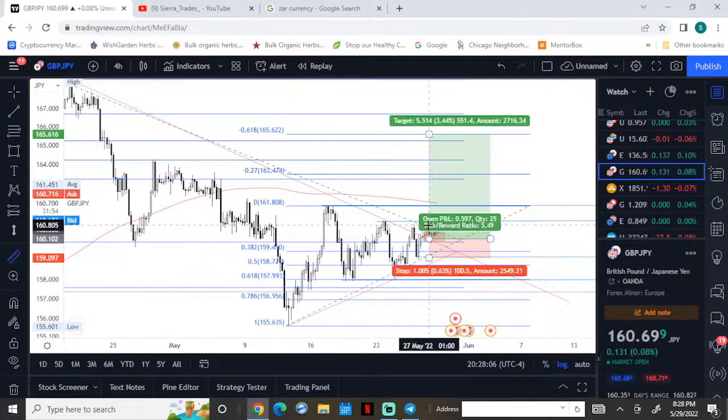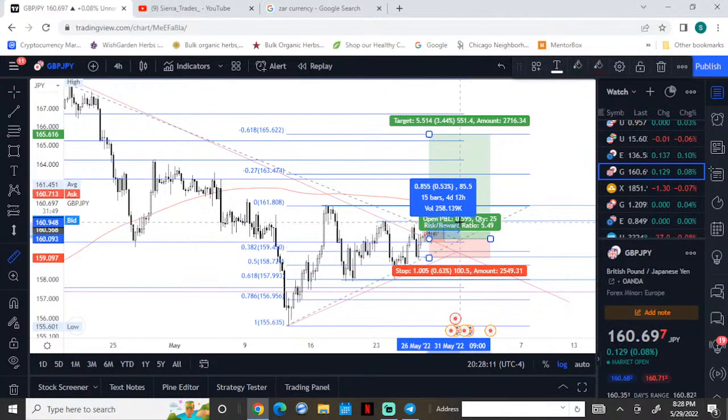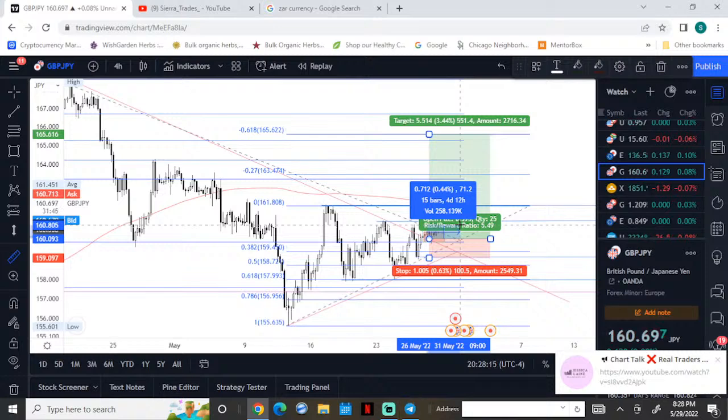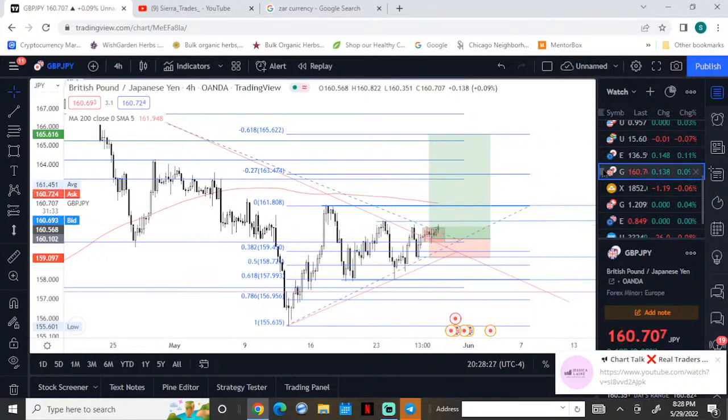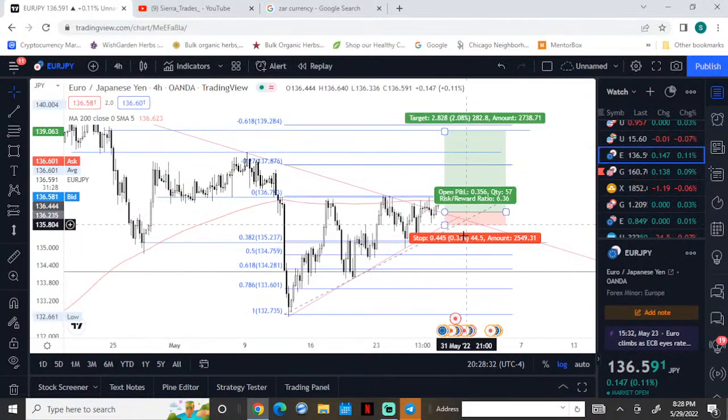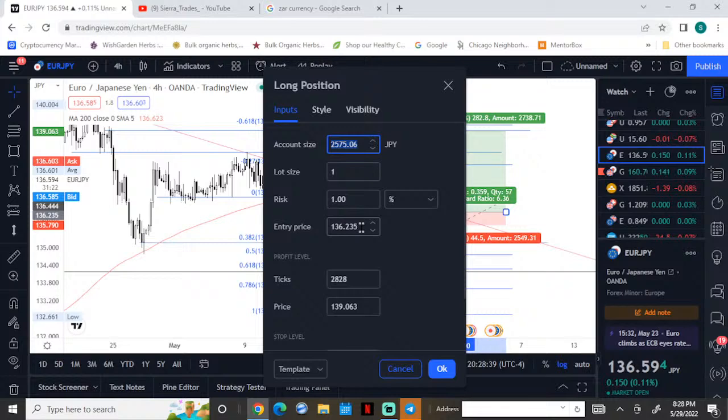So we are in profit. 45 pips. Let me put my position on EJ. 135.910.